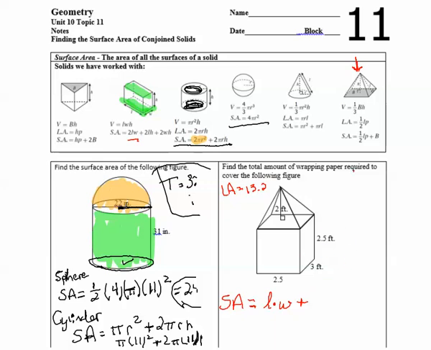And then everything else, so let's take another look. Then we've got length times height. You see how that makes this front face and the back face. I do want that, right? I want the front and the back, so I do want two of those.